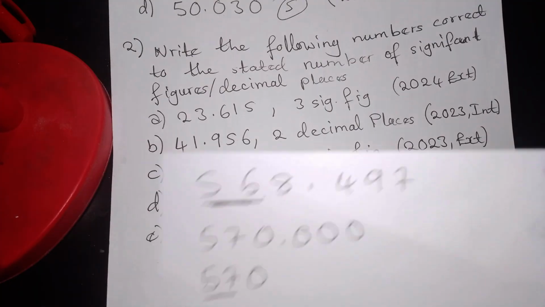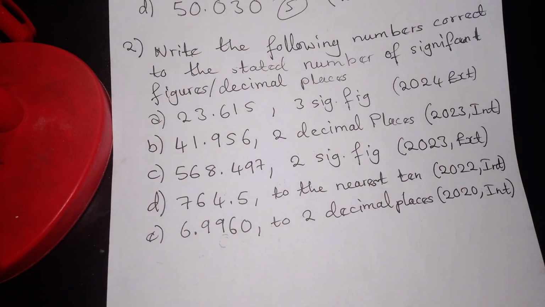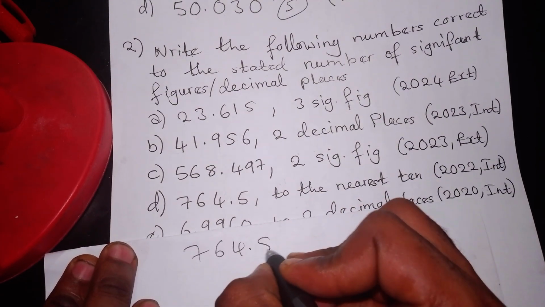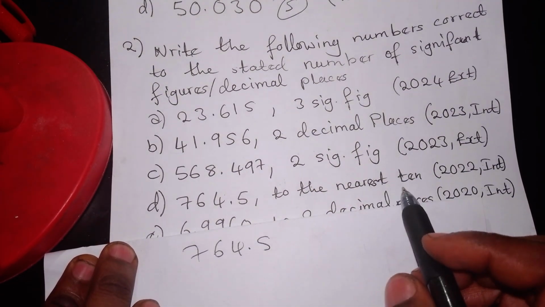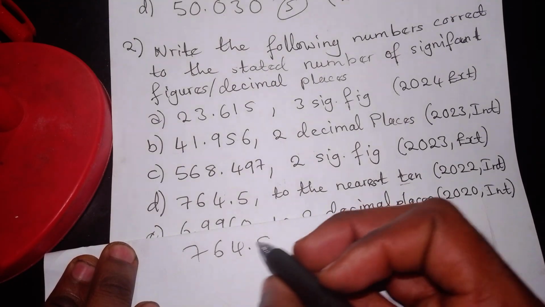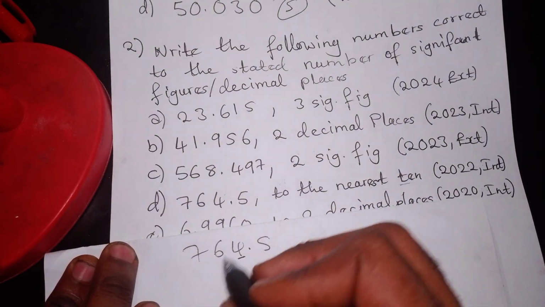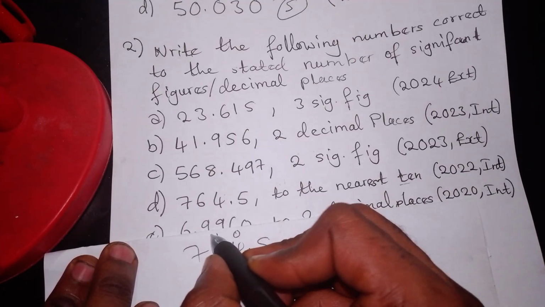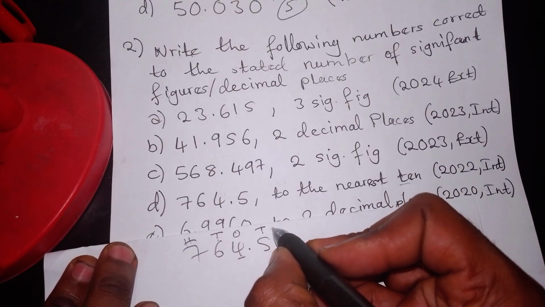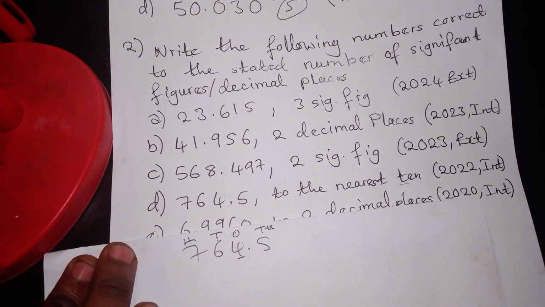And then the next problem is part D, where we have 764.5, which you want to round off to the nearest 10. So we have ones, then we have tens, we have hundreds, and then these are tenths with a th at the end.